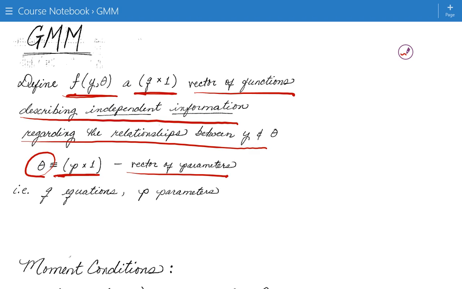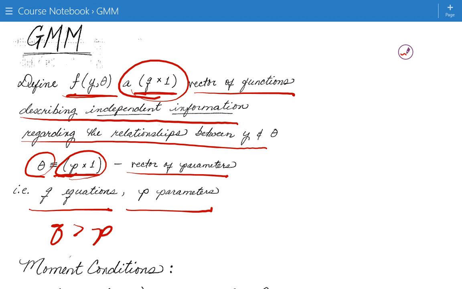So we have a q/1 vector of functions relating a p/1 vector of parameters. Q equations, p parameters. And so long as q is greater than p, we should be able to get a solution for our p theta values.